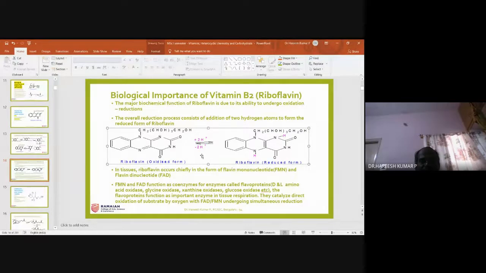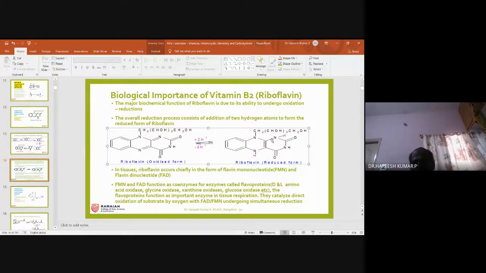So it is involved in a biological oxidation reduction system. Because of the presence of this bond nature, N double bond CH double bond N, it can accept two electrons. Once it accepts two electrons, it is converted into the reduced form.